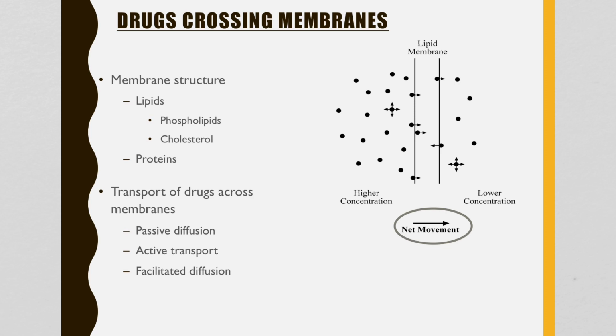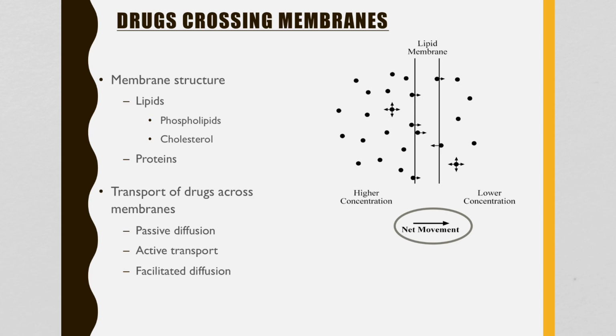And we know that the more lipophilic the drug is, the easier that process is for the drug to reach the site of action. And the more hydrophilic that drug is, the more work that drug has to do to get to the desired site of action, right?